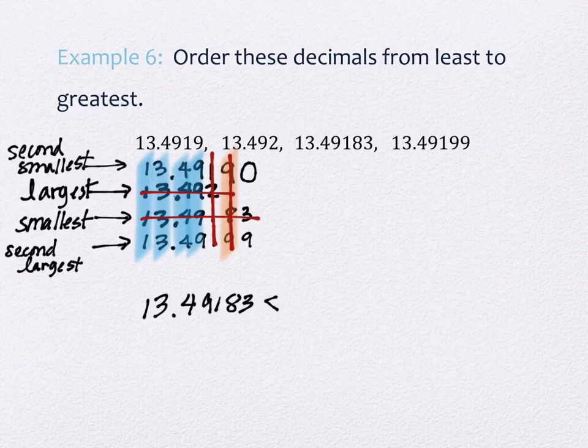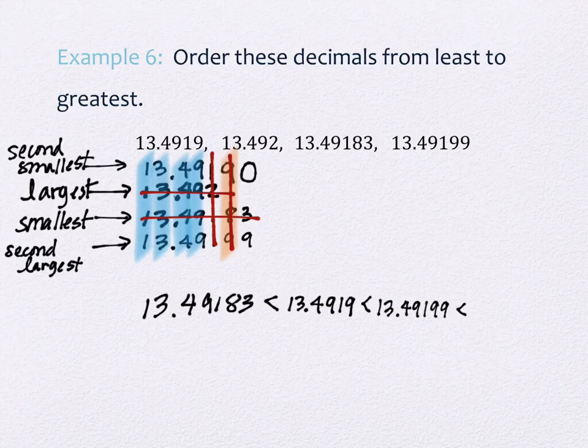The second smallest, which is the first one in the list, was the 13 with the decimal point, and then 4919. Then the second largest was the 13 and the 49199.